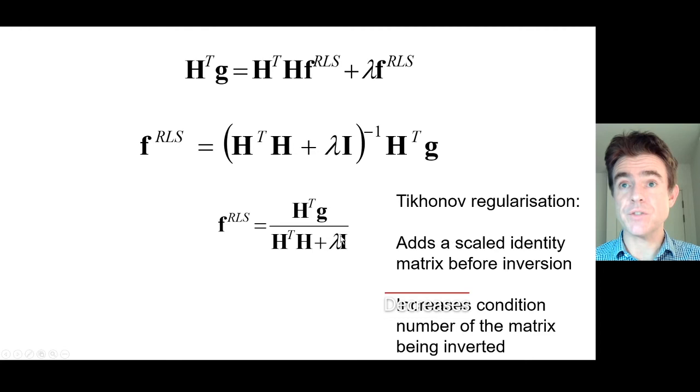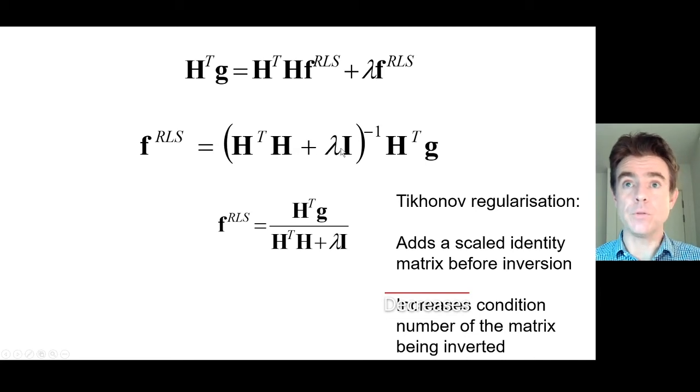And what we see is then that we're adding on a scaled identity matrix, there it is there, lambda I, before inversion. So if you think about that, imagine that actually had a zero eigenvalue or a zero singular value. Then it would not be invertible.